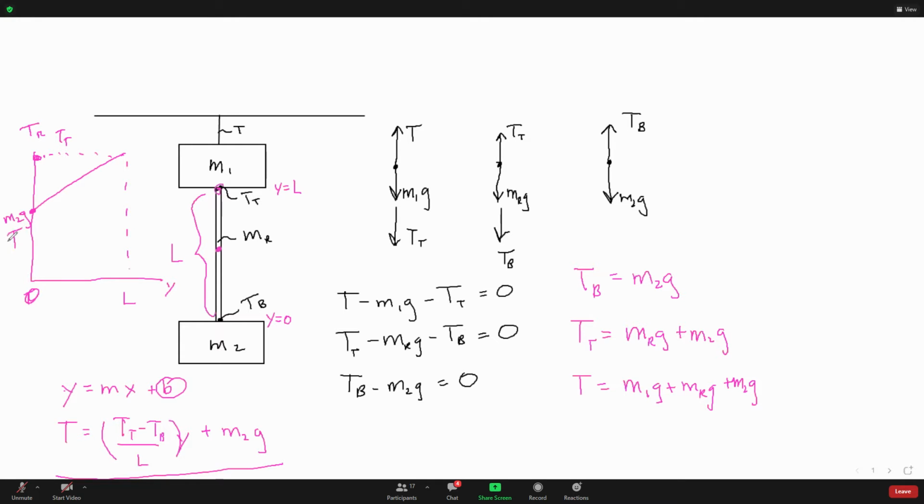This was the tension at the bottom. Okay, so what's the slope of the line? Rise over run: the tension at the top minus the tension at the bottom, over L, times y, and then you've got the intercept. Okay, does that help? Okay, good.